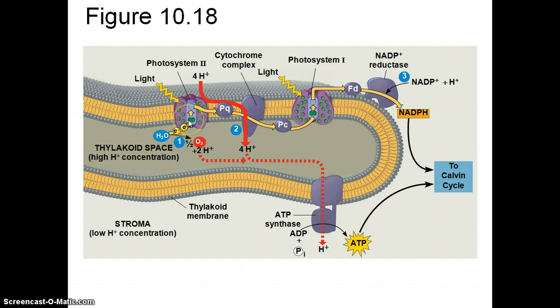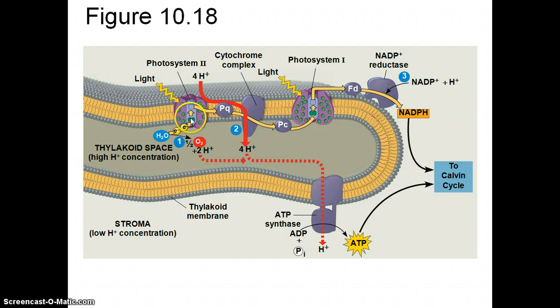Within the reaction center we have a pair of special chlorophyll A molecules that are electron acceptors as well. And so they hold on to electrons so that when light is absorbed by the different pigments of chlorophyll A, that energy is passed on to these electrons located on these chlorophyll A molecules. And as they become excited, they get passed on to another molecule again.